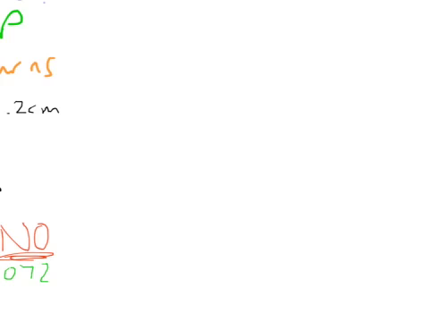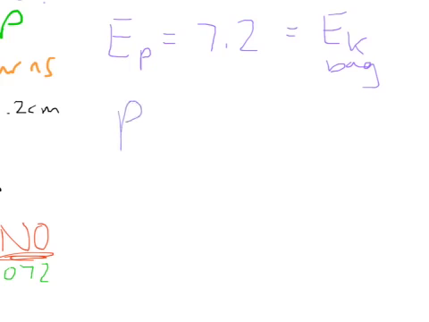So let's just progress through that and see if we come up with what we're expecting. If you remember, we had 7.2 joules as the gravitational potential energy. That's still the same, and that's still the kinetic energy of the bag. So we can use that to calculate the momentum of the bag. We know the mass. We can take the velocity from the kinetic energy and substitute that in here.